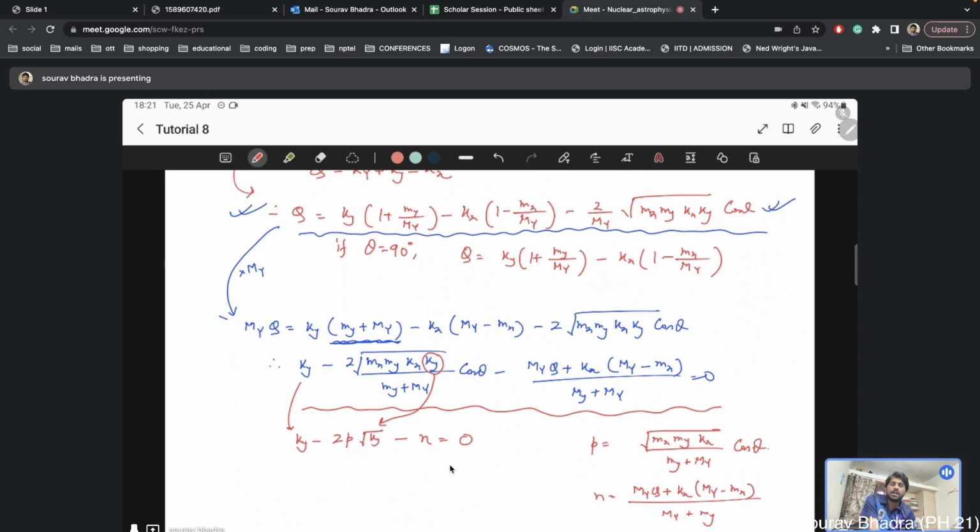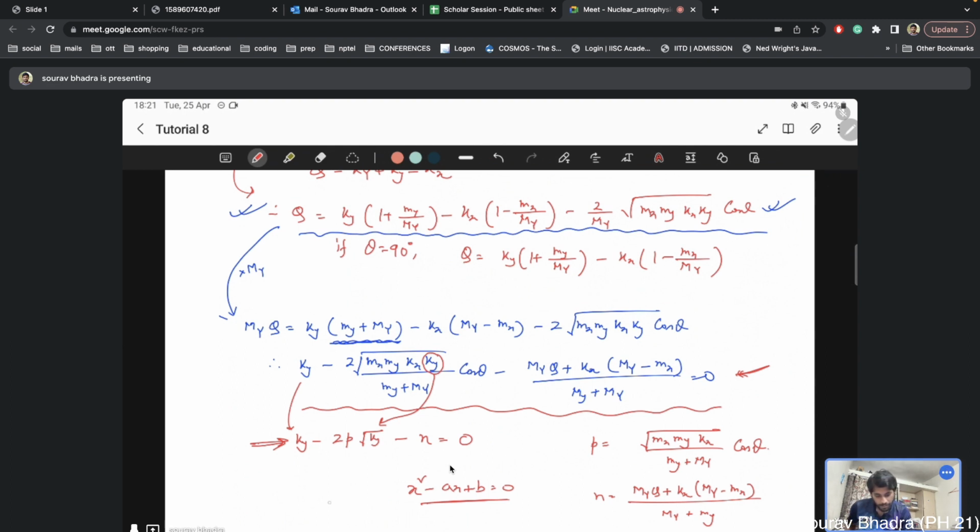Okay, so this is the equation. That means this equation can be thought of as an equation of order 2 in root over Ky. It is like this type of equation: x square minus ax plus b equals 0, which is the second order equation.